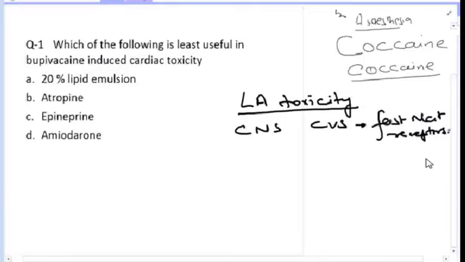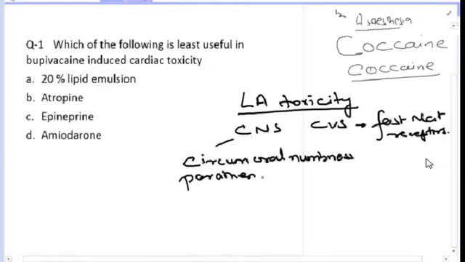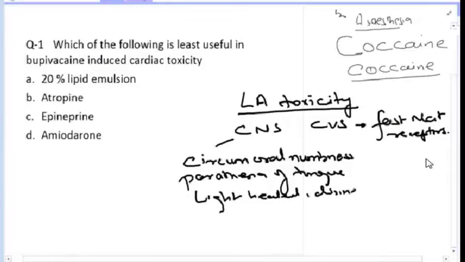Now, in the CNS, the patient complains of circumoral numbness, paresthesia of the tongue, then lightheadedness, dizziness, followed by auditory and visual disturbances.